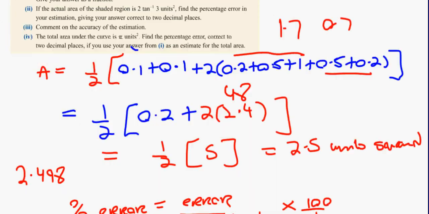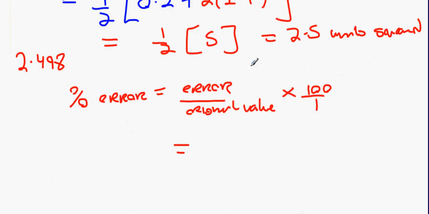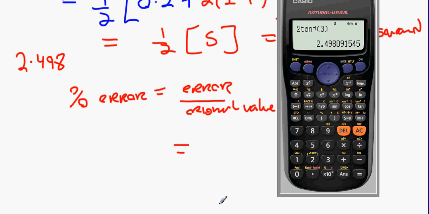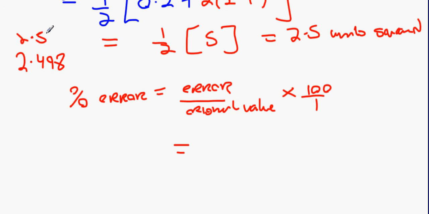So the error is going to be 2.5 minus 2 tan inverse 3, which was the answer for the last part. So let's press the button here. It's in scientific mode, so we'll just do it as 2.5 minus 2.498, so we're going to get 0.002.